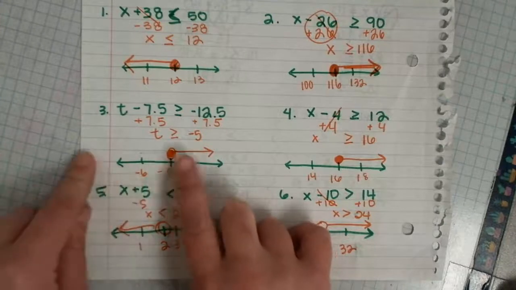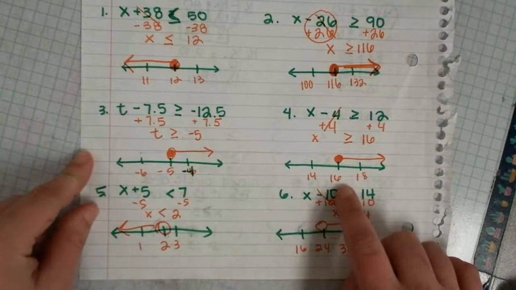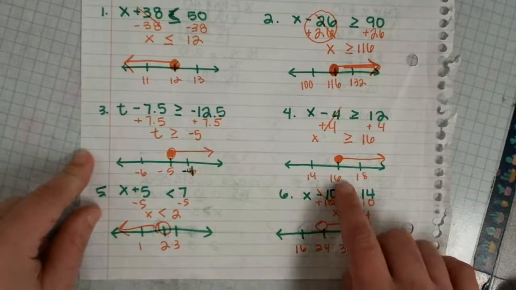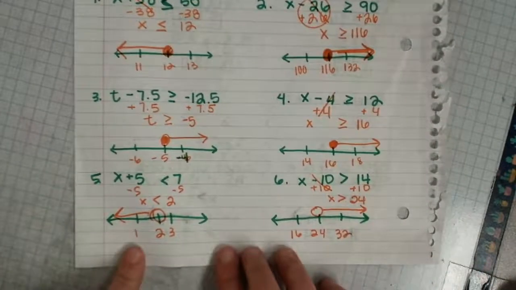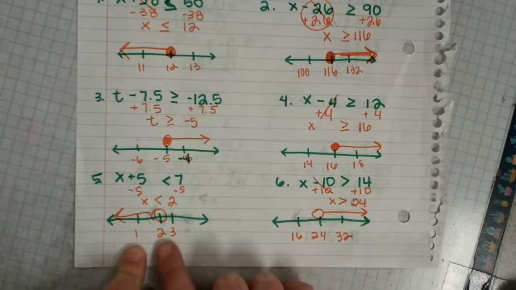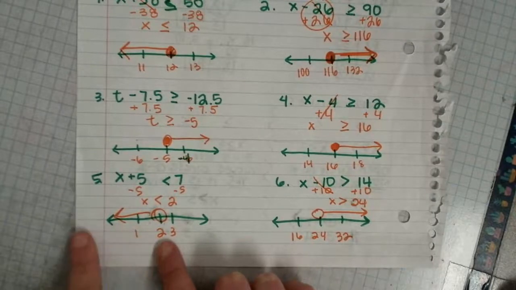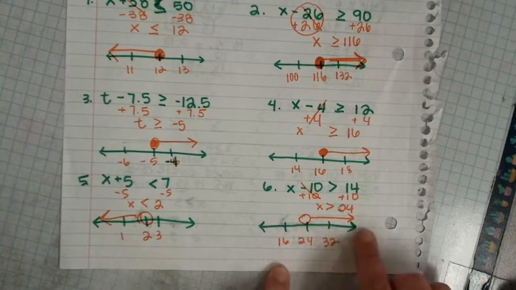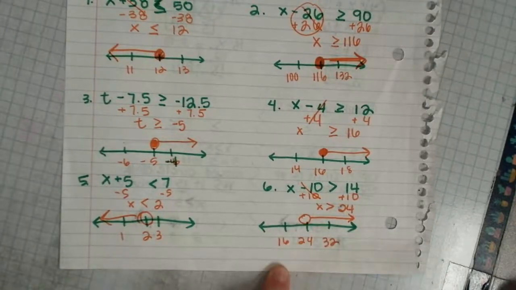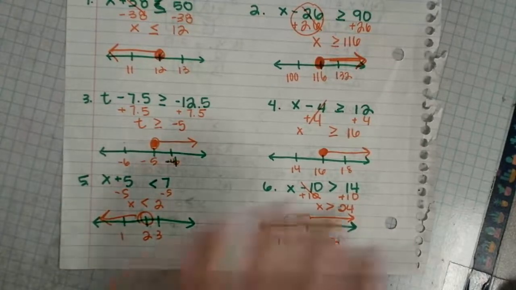So at -5, I have a closed circle going to the right. Number 4, we have x is greater than or equal to 16. So we're at 16, and we're going to the right. Remember, that's a closed circle. Number 5, we have an open circle at 2, and we're going to the left. Number 6, we have an open circle at 24, and we're going to the right. So now let's do some multiplying and dividing.